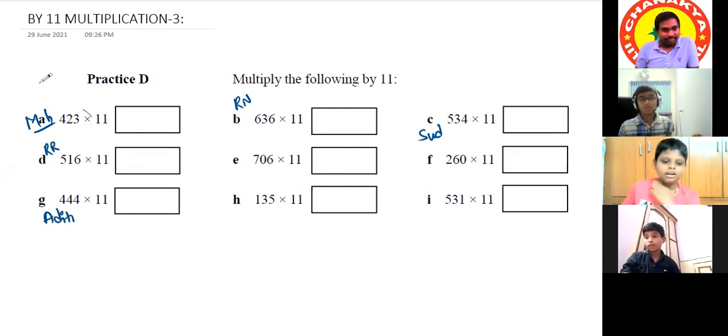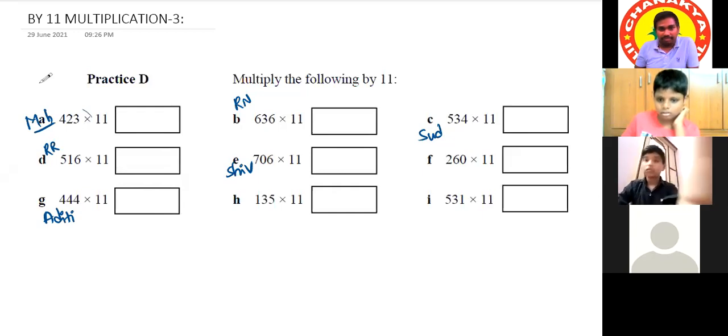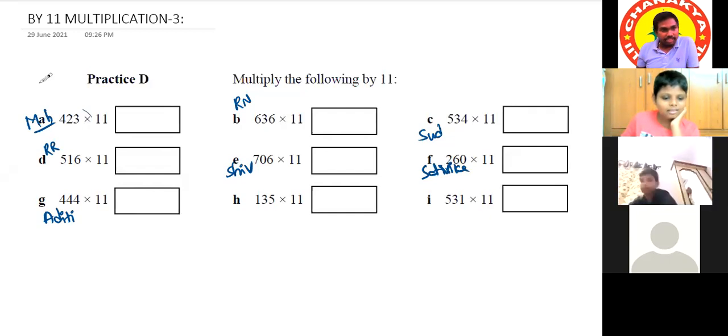Sir, E Shiva Pranav. Okay. E Shiva Pranav. F Satvik. Sir, F Satvika. C. I Ashwath. Sir, first H Lohini, sir. Chat box. I Ashwath, then H Ahana. Yes, sir.